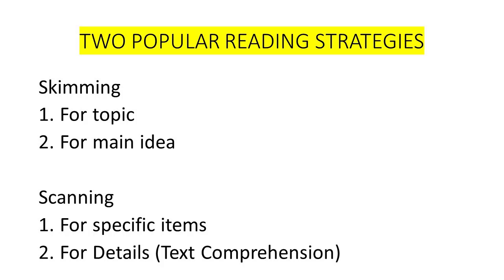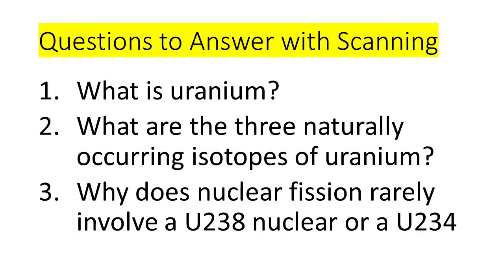And how about the second one? What are the three naturally occurring isotopes of uranium? Here we are asked to mention three isotopes which are in the passage or in the text.